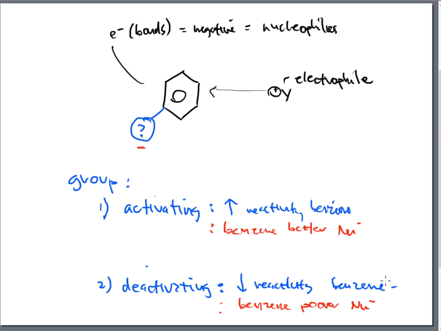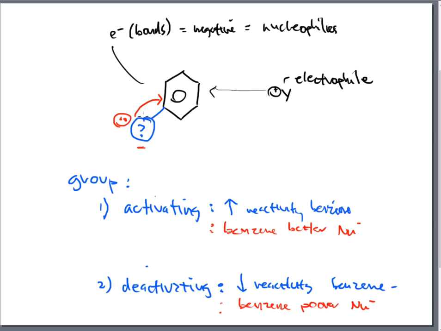All of that deals with electrons. Because nucleophiles are negative. So if this group has some electrons that it can donate to the ring, well, that makes benzene very happy. The reason it makes benzene happy is because delocalization now can go up into that group and on back around.